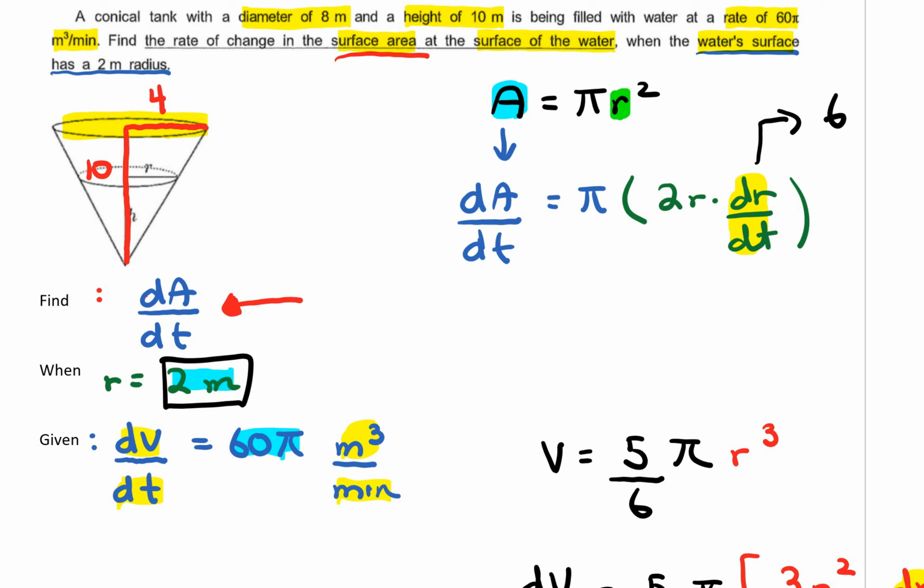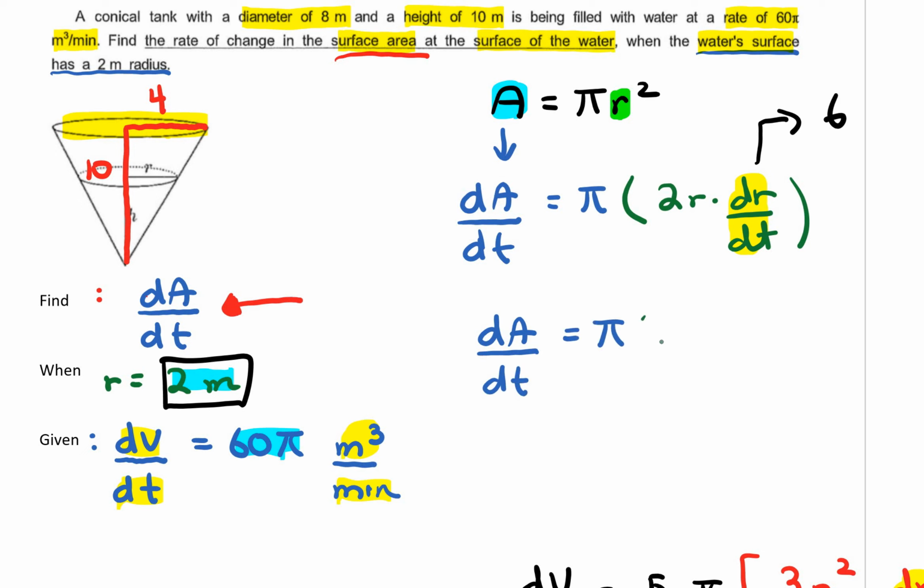So if I go ahead and look for dA over dt now, this will be pi, and then the 2, and the radius will be 2, and dr over dt was 6. So if I multiply all this out, 6 times 2 is 12, and 12 times 2 is 24. So this answer here would be 24 pi, and this is dA over dt.